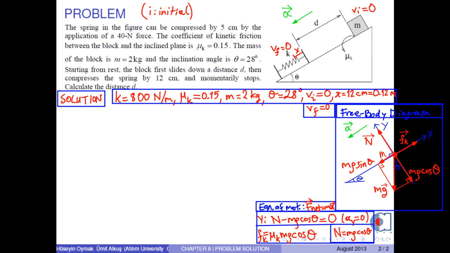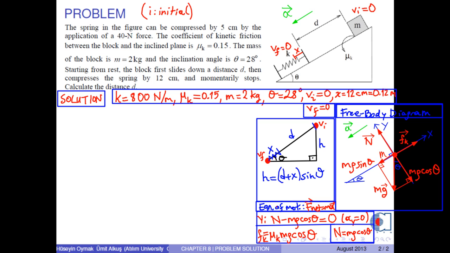According to the figure, we have the right triangle like this, where x is the amount of the compression of the spring. Finally, we can write h equals d plus x times sine theta. The conservation of total energy can be written as the initial total energy equals the final total energy.